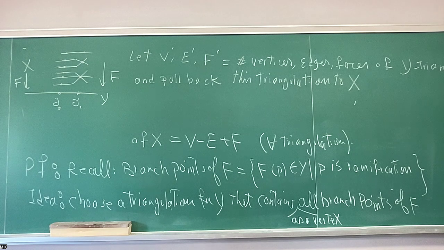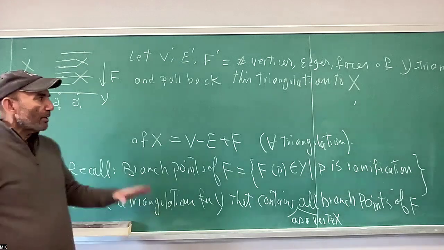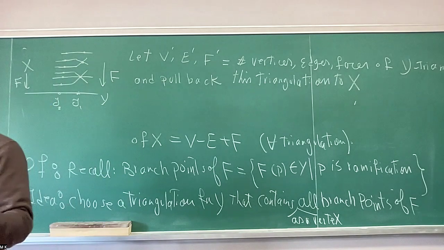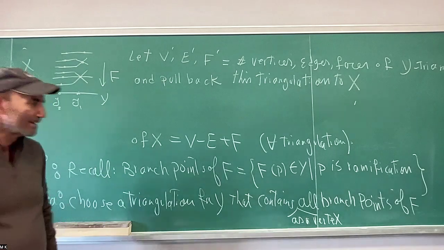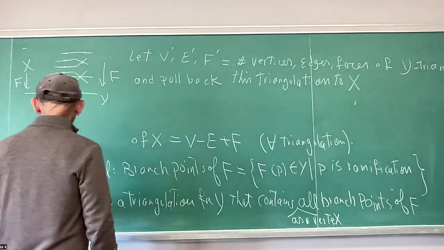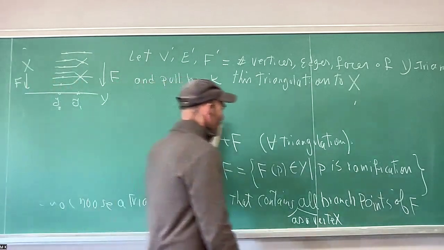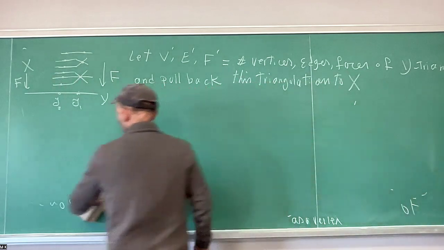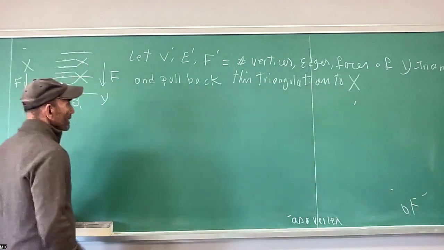Yes, exactly. At a branch point, something funny happens. But I was talking about the case that there are no branch points. The map was unramified. In that case, everything was multiplied by D. So now let me give you a picture, and if you look at this picture, that will solve all the problems for you. To understand it, consider an example.